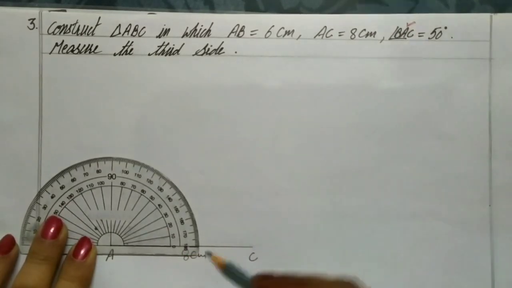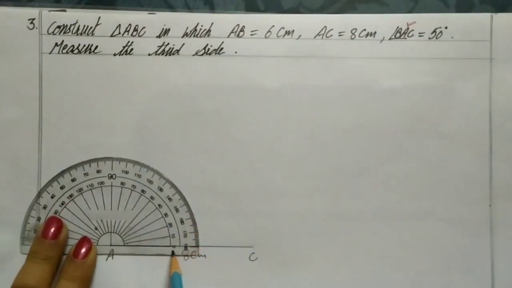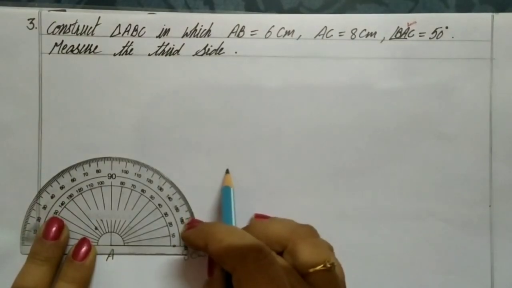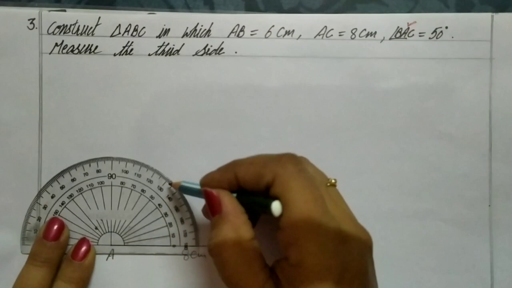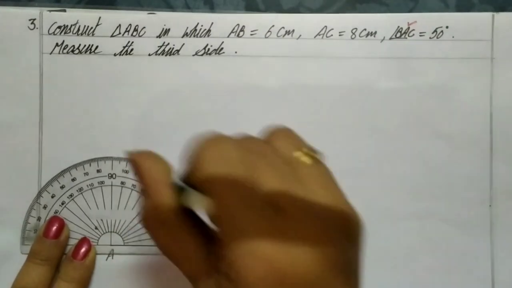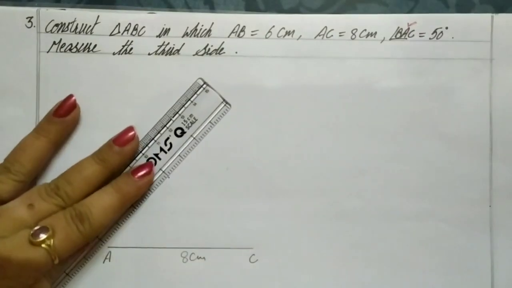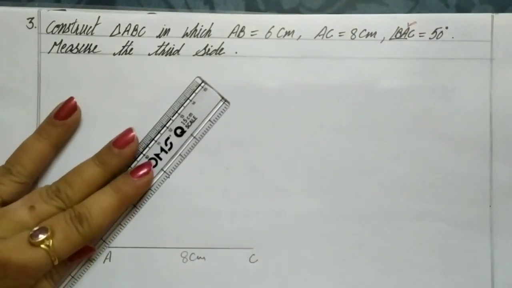So 50 degree, since 0 is over here, so 50 degree. Now mark a point in front of 50 degree. Then draw a ray passing through this point starting with A.